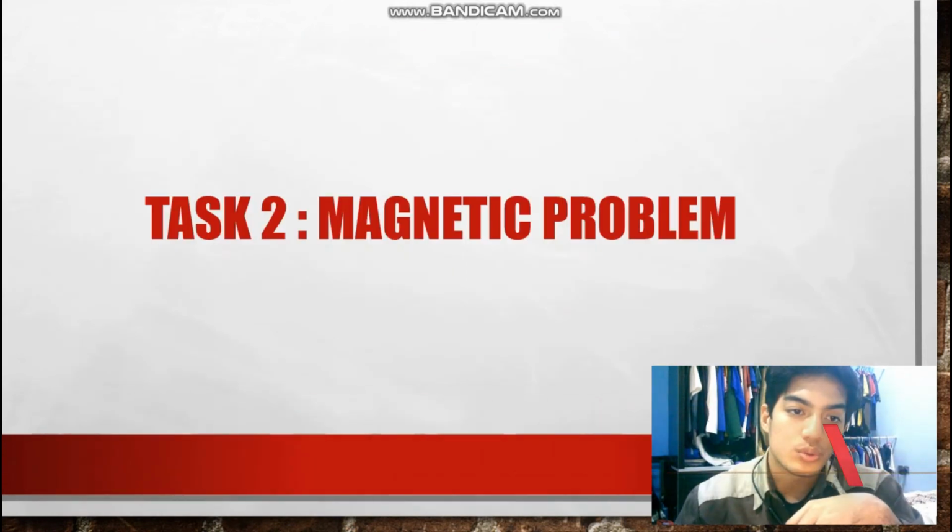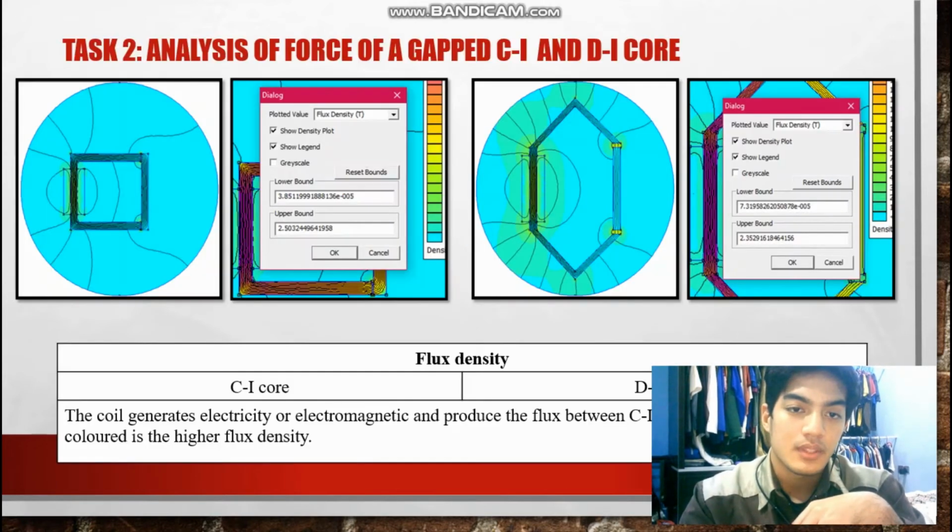I will go through task 2, which is about the magnetic problem. There are two different shapes, as you can see in my slide. The original shape we call the CI core, and our new design we randomly call the DI core.